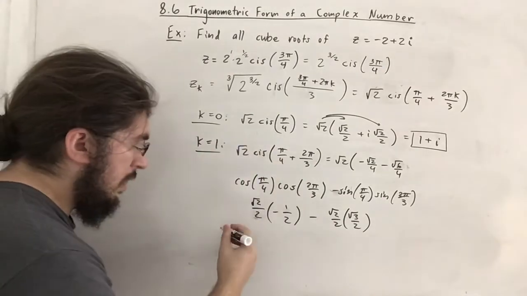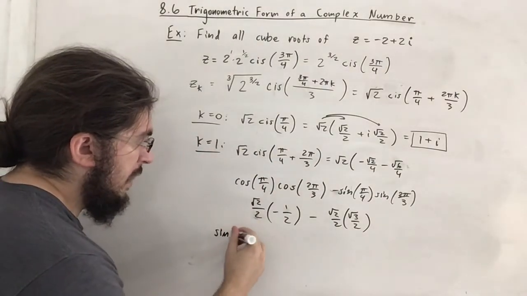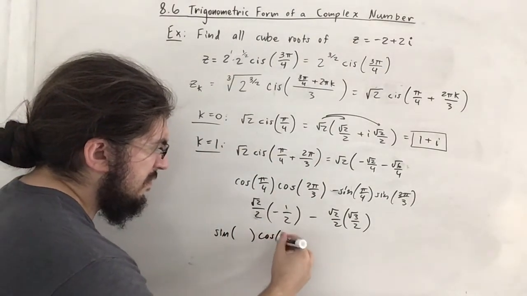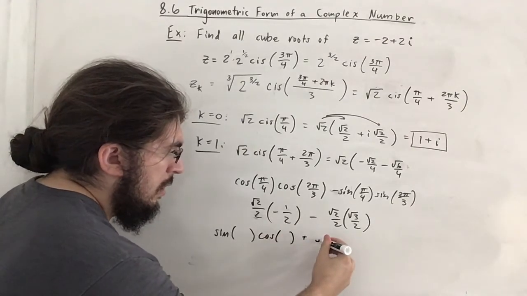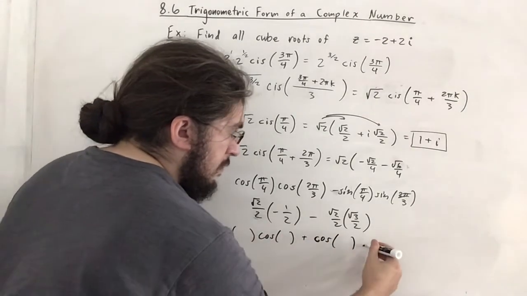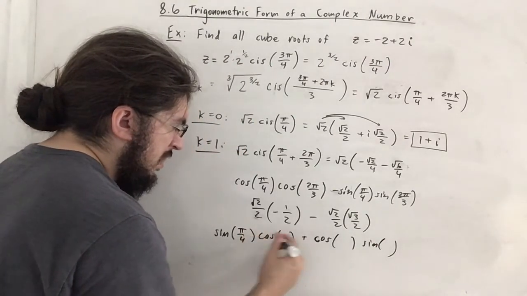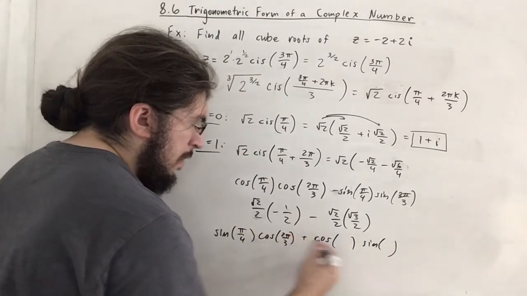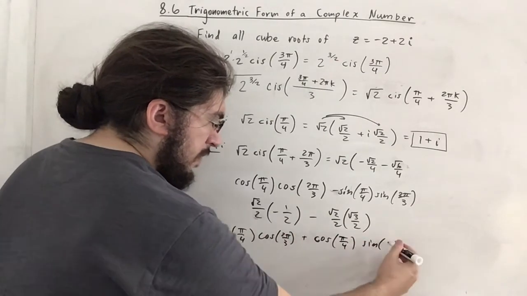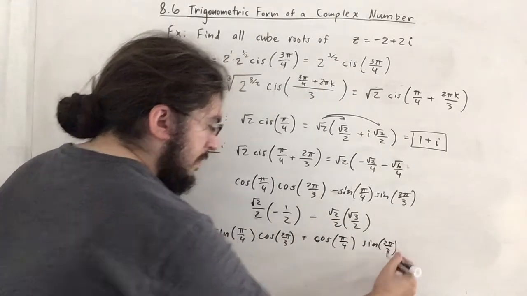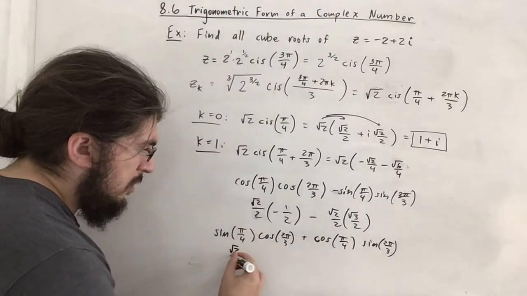But for the first one, I'll at least show you. So we get sine cosine plus cosine sine. And the angles here, of course, are pi over 4, 2 pi over 3, pi over 4, and 2 pi over 3. Awesome. So now this is radical 2 over 2.